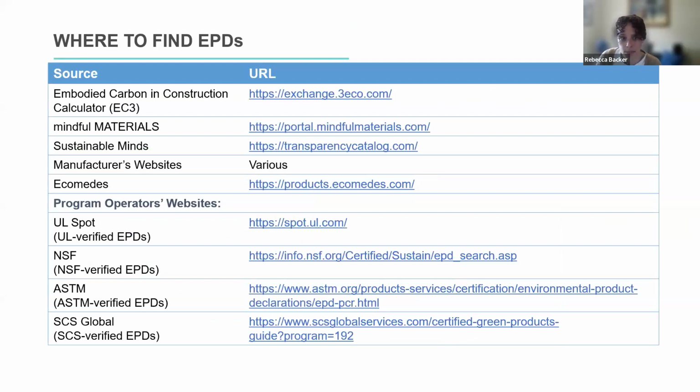So this table here is essentially an incomplete list of where you'll be able to find industry-wide and product-specific EPDs. One of the best databases that we like to recommend people to is the Embodied Carbon in Construction Calculator, or EC3. So this is a free data set of construction products EPDs.